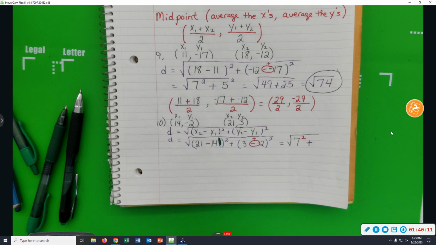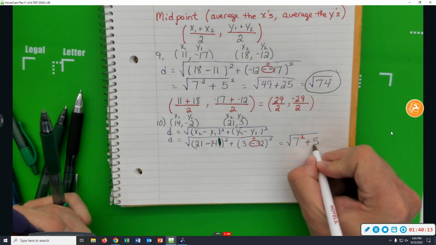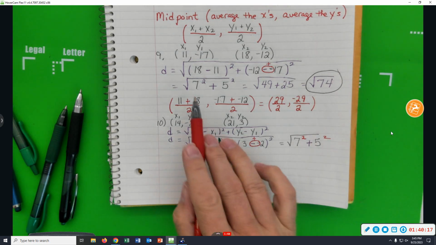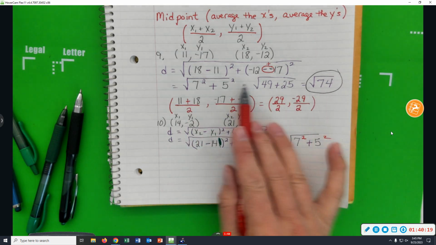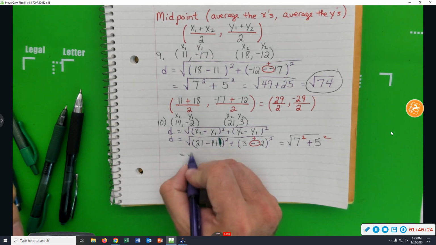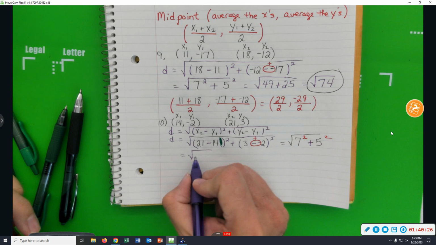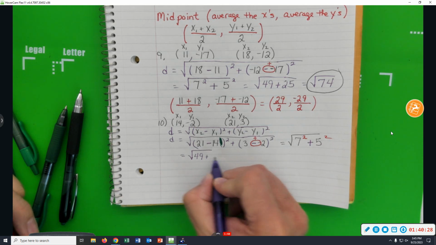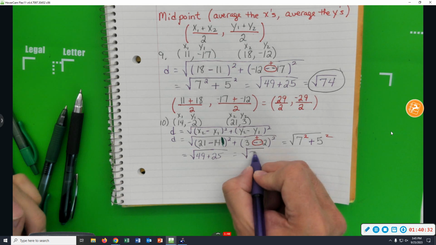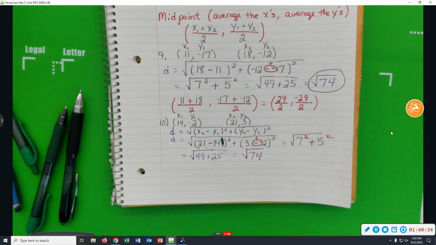Plus 5 squared. I think it's all exactly the same as what I have right here. Well, it won't always work out like that, but it did this time. Another coincidence. Yeah, 49 plus 25. So it's a square root of 74 again.